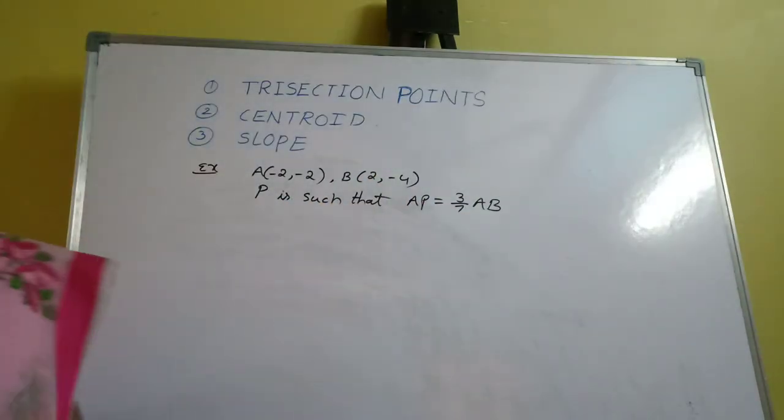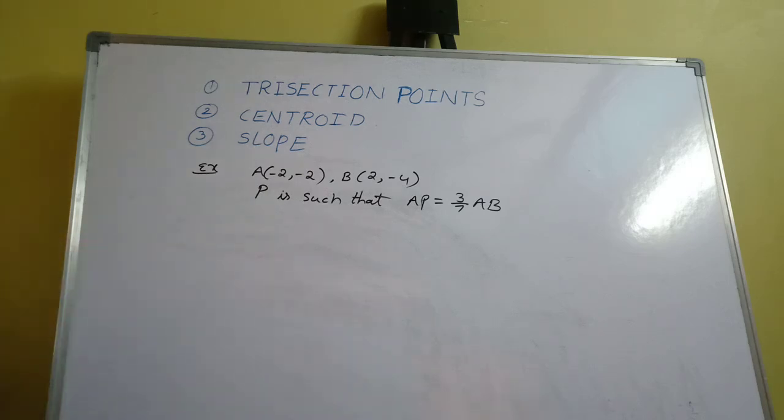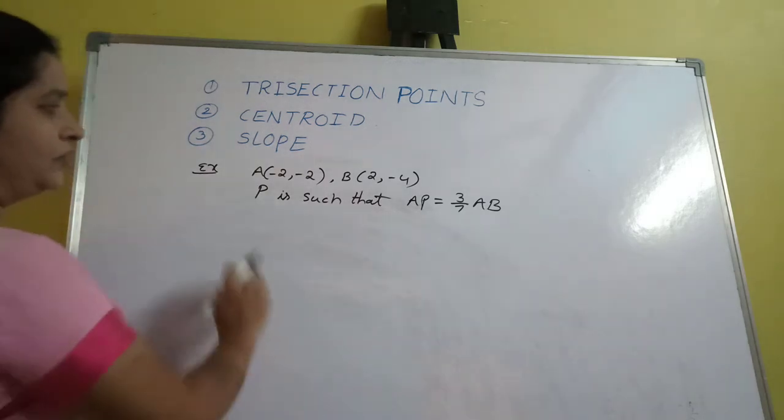P lies on the line segment AB. So it is also a 4 marks question in your syllabus.